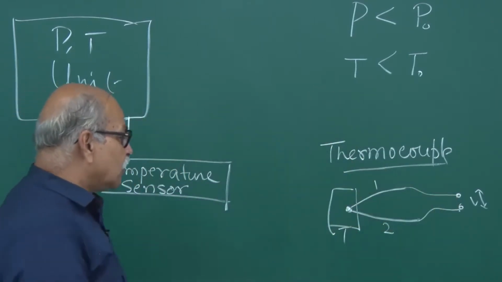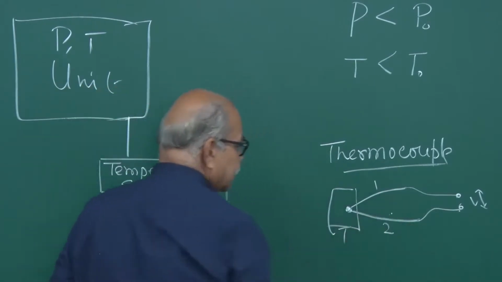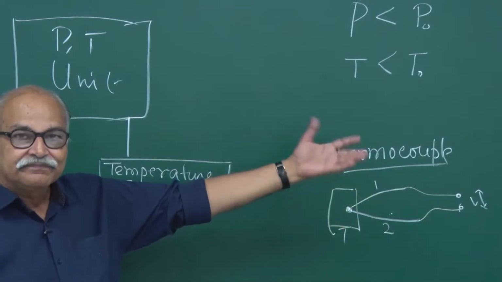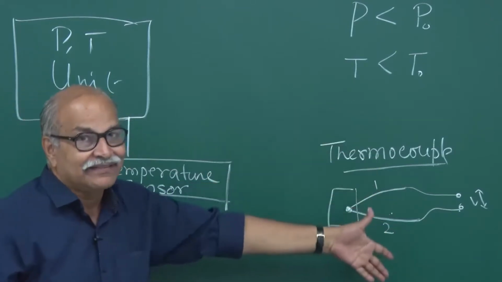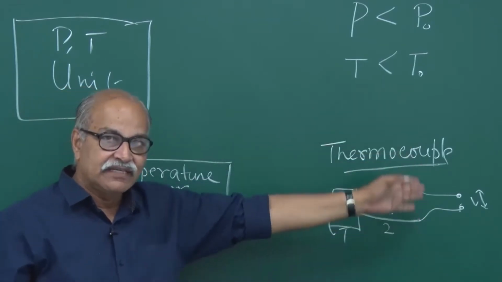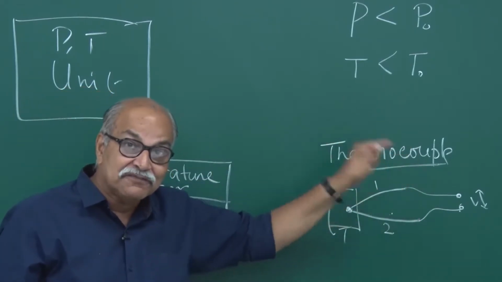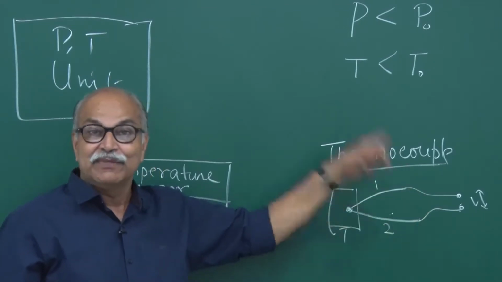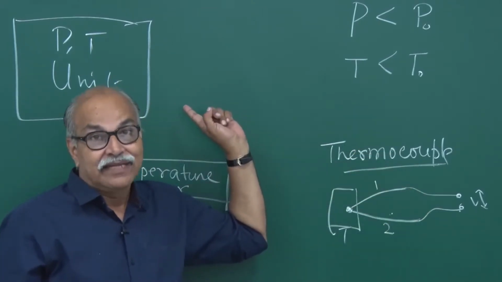So, this is an analog circuit, an analog sensor. It creates a voltage which can continuously vary; the temperature can continuously vary and the voltage can continuously vary, and each value of this voltage is significant. Each value of this voltage tells me what the temperature is at that instant.